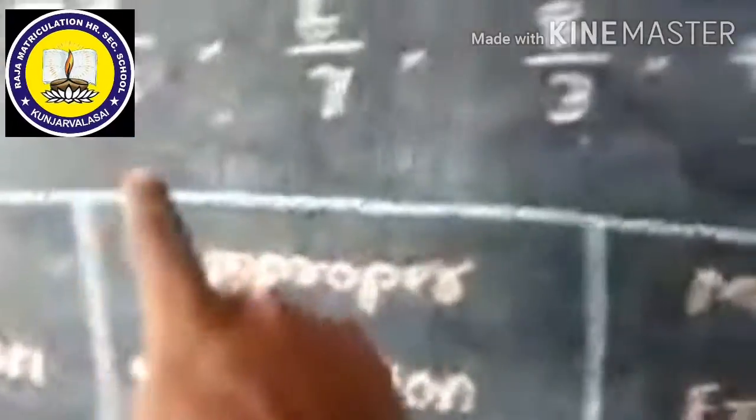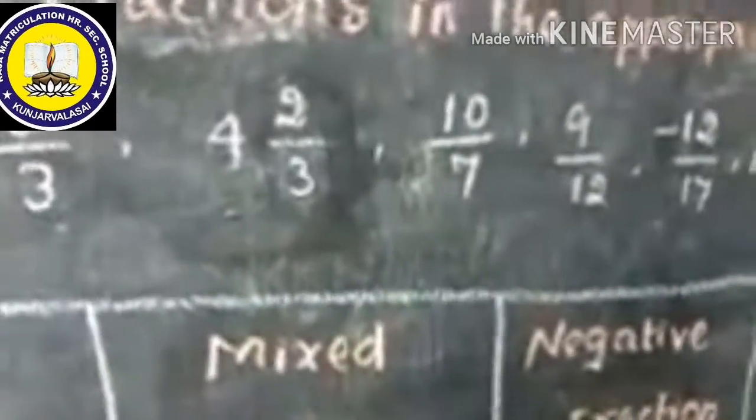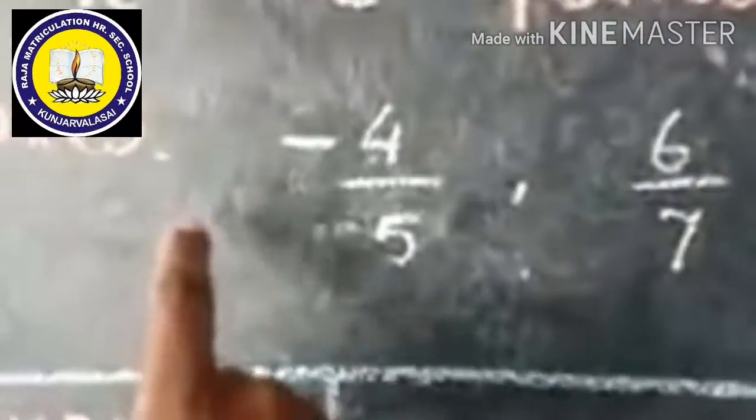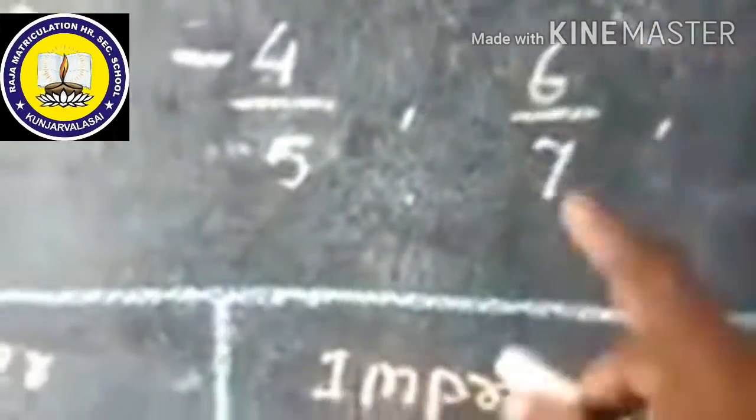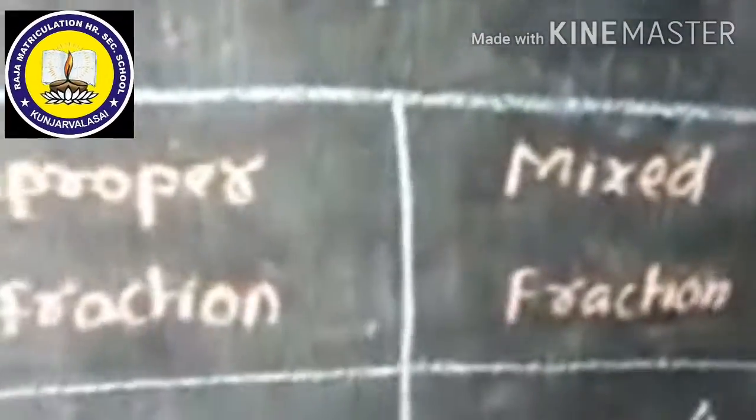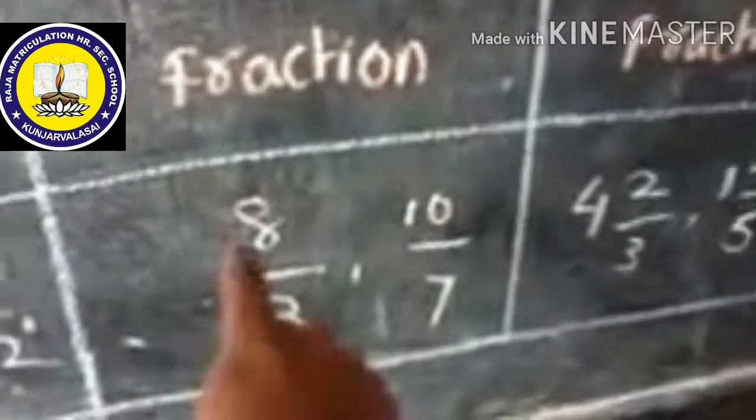So here so many fractions are there. The first one is a negative fraction, so I put it in the negative column, and 6 by 7 is a proper fraction. 8 by 3 is an improper fraction. Then 4 2 by 3 is a mixed fraction. What is the meaning of mixed fraction?